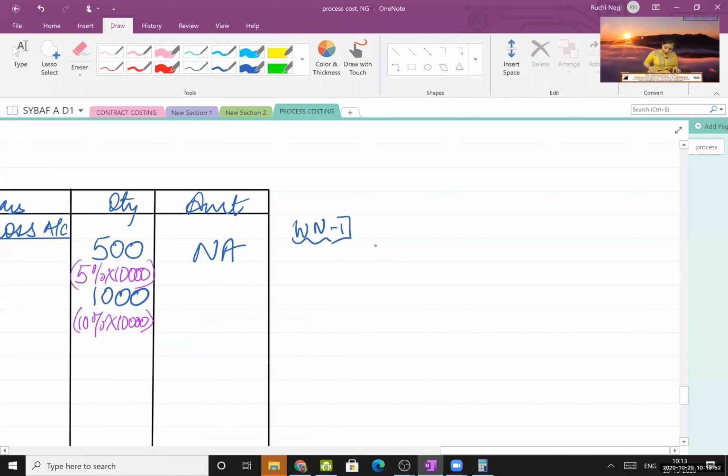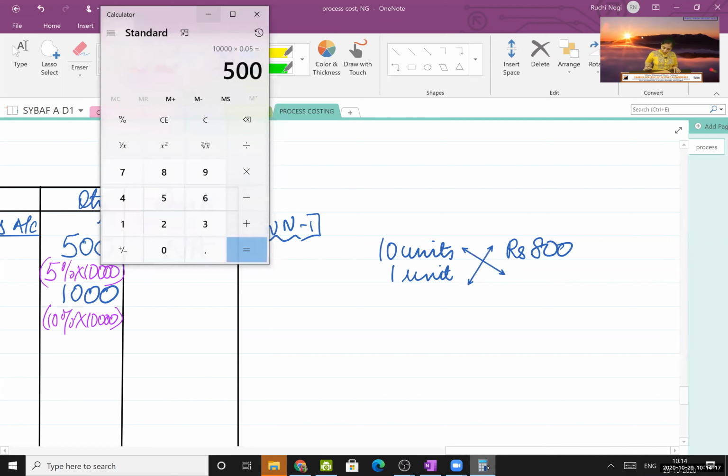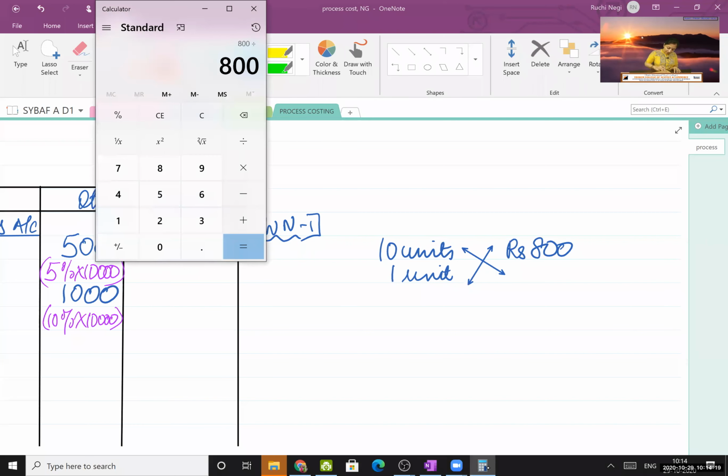Yeah. So just pay attention. 10 units. How much you are paying? 800 rupees. So for 1 unit, how much? Cross multiply. So 800 divided by 10. So it's 80.